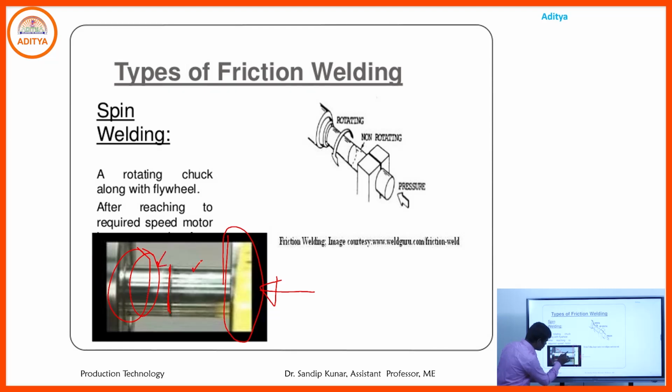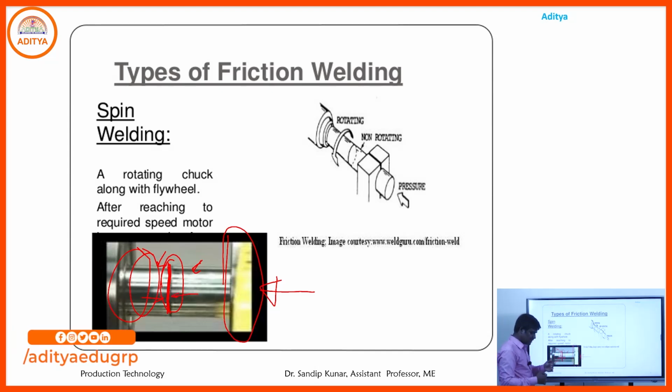The rotating part continuously rotates against the non-rotating part, and mechanical friction occurs across that zone. Due to the friction, heat is generated at the surface, some parts melt, and after a certain time both parts are connected. Then it solidifies and finally connects. That is spin welding.